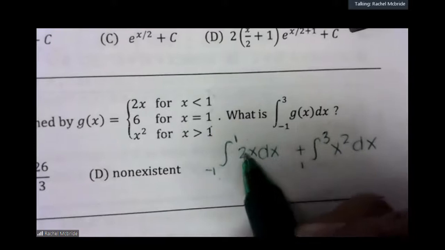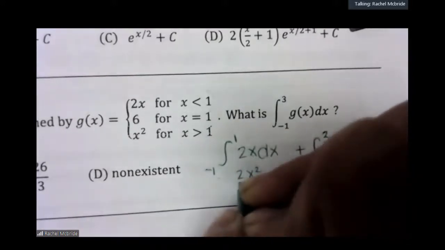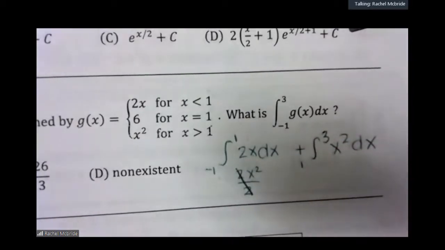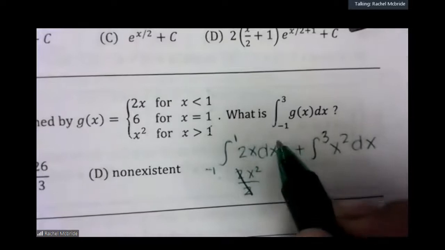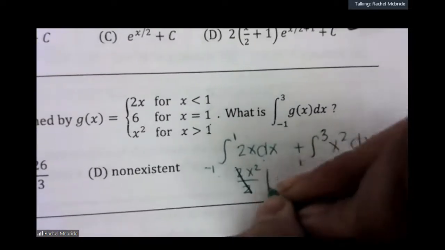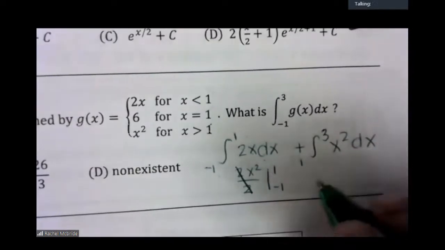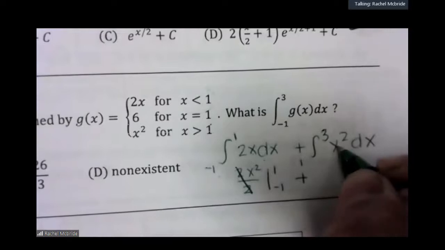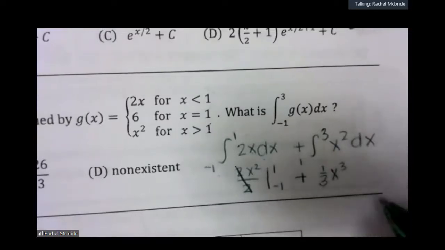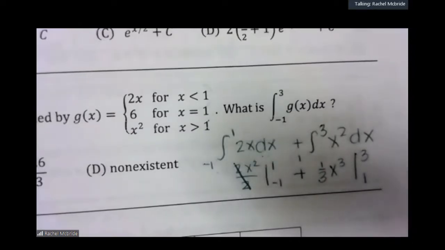So the antiderivative of 2x would become 2x squared over 2, so the 2's are going to cancel. Once you take your antiderivative, the dx goes away, but no sooner. So then I plug in my bounds of 1 and -1. And then I'm going to add to that the antiderivative of x squared, which is 1/3 x cubed, from 1 to 3.